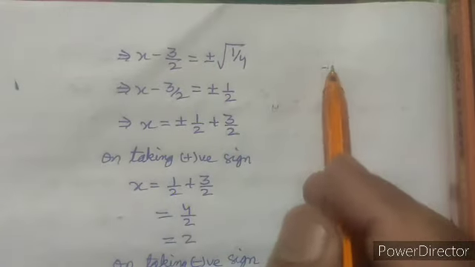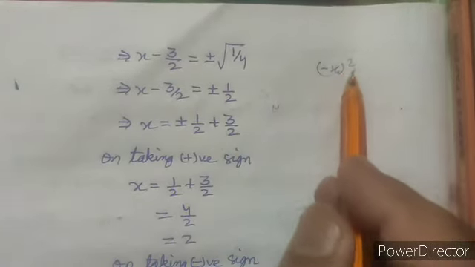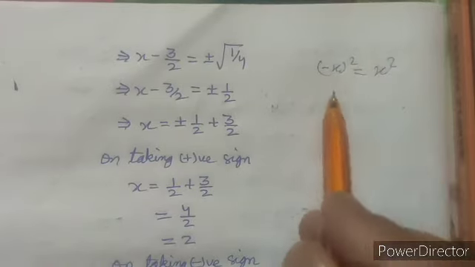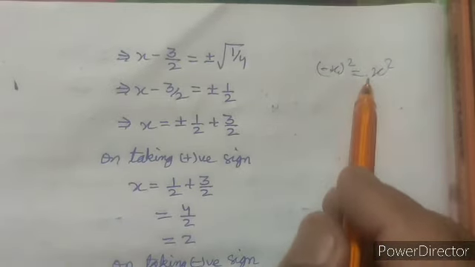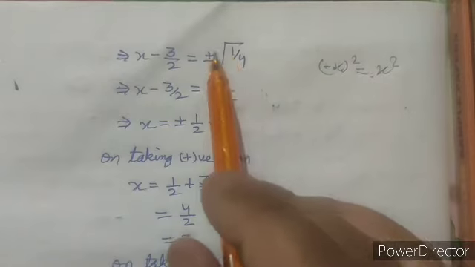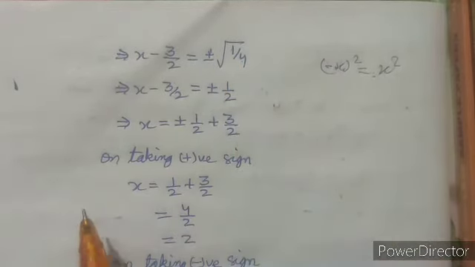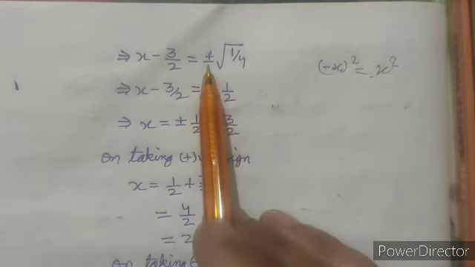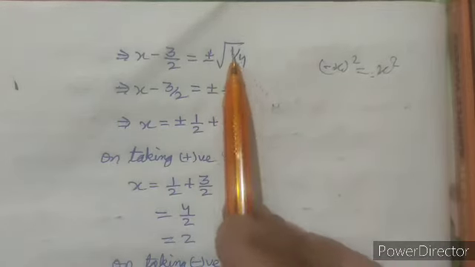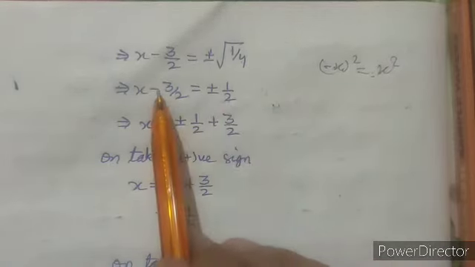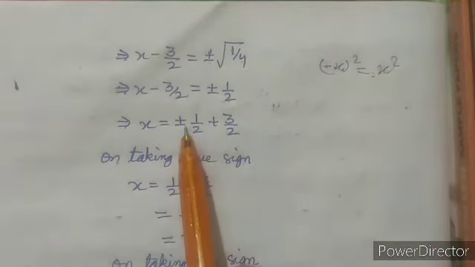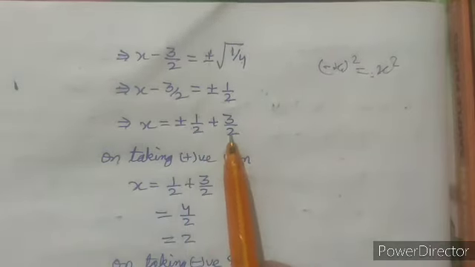As we know that minus x square is equal to plus x square, and both values will be same, so we have to take both the positive and negative values of the right hand side. Now that will give us plus minus 1 by 2, since root of 4 is 2. Now on taking 3 by 2 to the right hand side, this will be plus minus 1 by 2 plus 3 by 2.